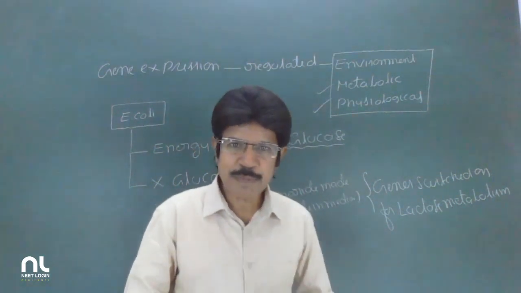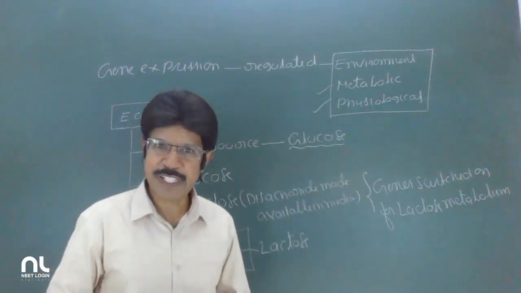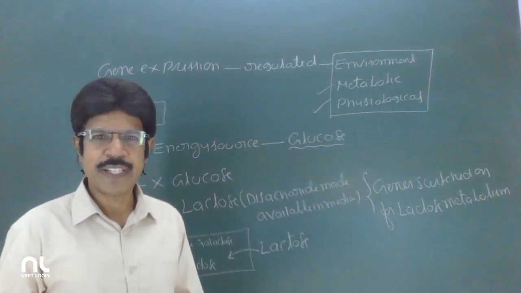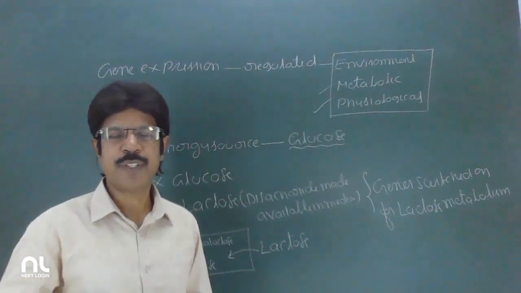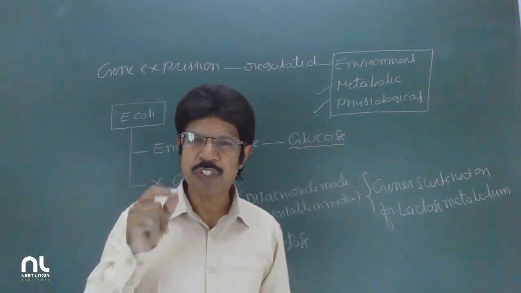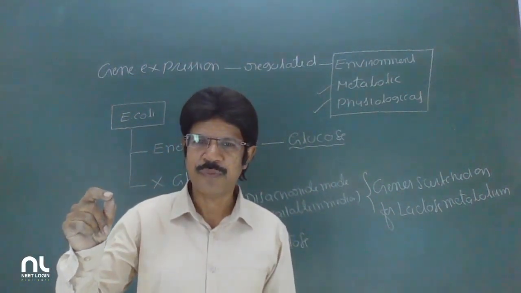Here, the environment provides the opportunity for expression of the gene. Since lactose is available in the medium, the gene is switched on. So, gene switched on and switched off.